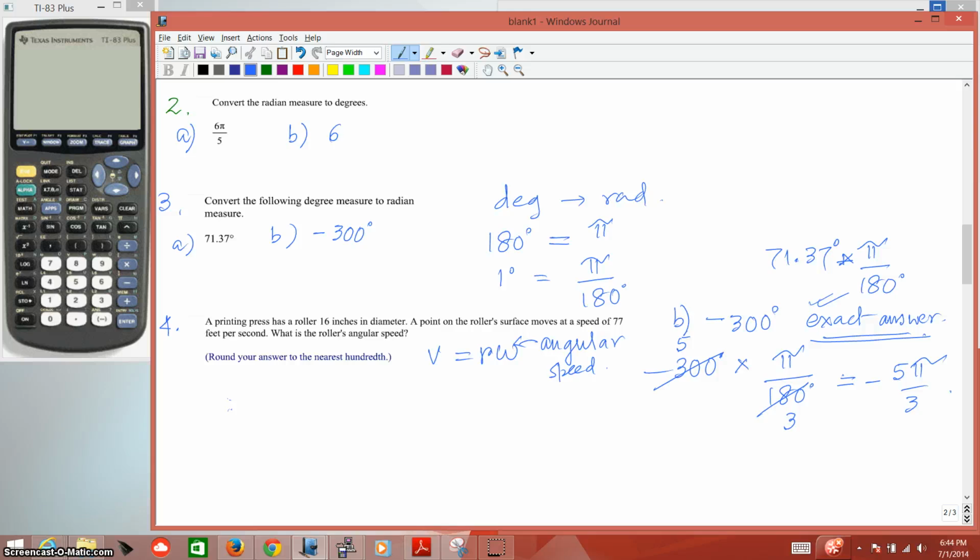So when I'm asking you to determine the angular speed, all I'm asking you to find is your omega. So you know how to come up with the simplification. It's v over r, and students punch in the v, which in this case is 77 feet per second, and r is given, actually diameter is given, so d is 16 inches, so r comes out to be 8 inches.